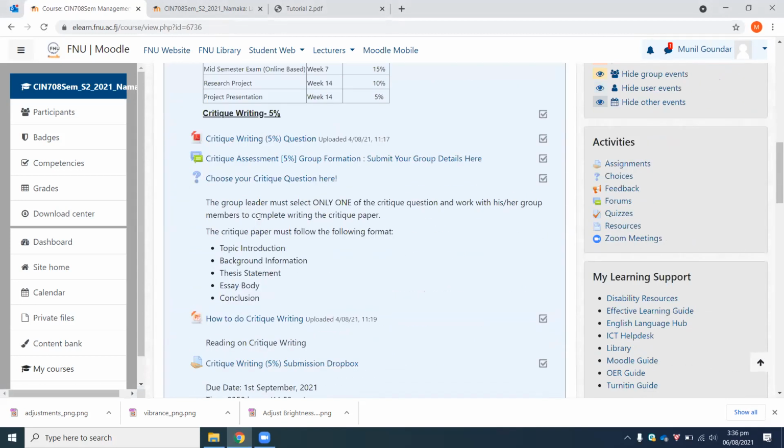Now, overall, it's a bit challenging, but it's not difficult. If you're able to read your questions well and understand them, you'll have to do some additional reading online, and once you do that, you should be fine. Apart from that, if you have any further questions or queries regarding your critic writing or question, do feel free to drop me an email or send me a message in Moodle.